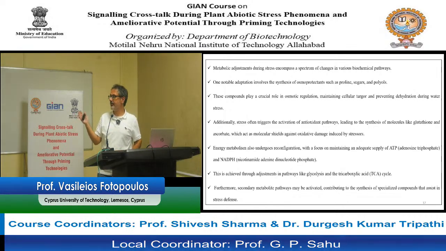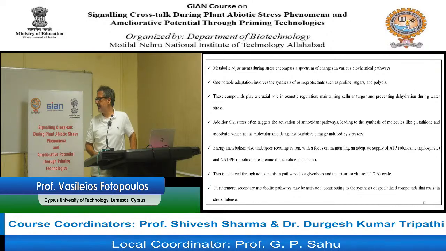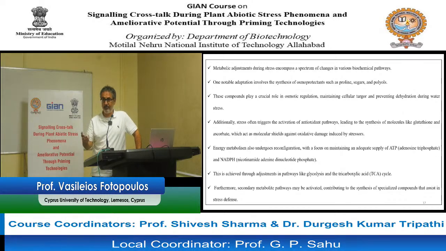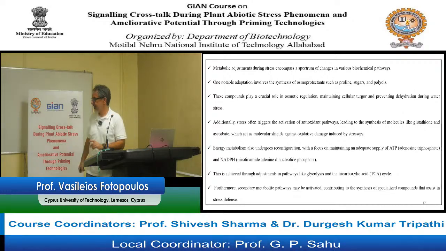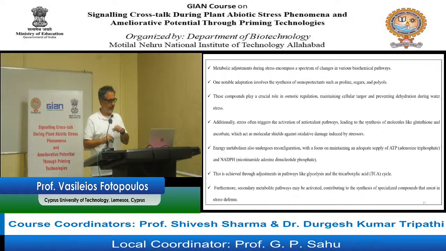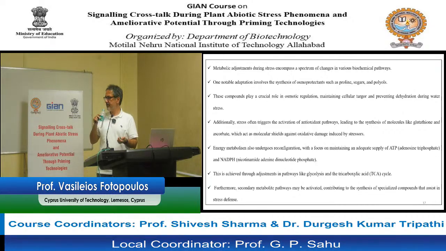So this is achieved through adjustments in pathways like the glycolytic pathway and the TCA cycle, the tricarboxylic acid cycle, which is of course the second step in cellular respiration, as you know. And furthermore, secondary metabolite pathways may of course be activated, thus contributing to the synthesis of specialized compounds that assist in the stress defense.